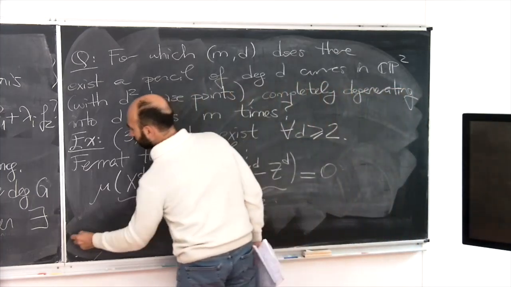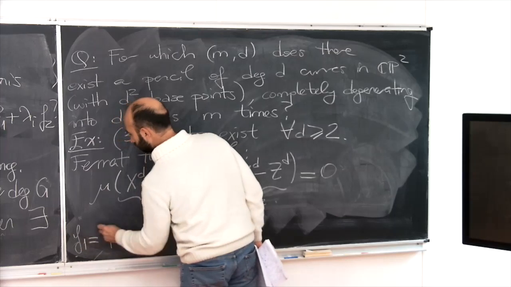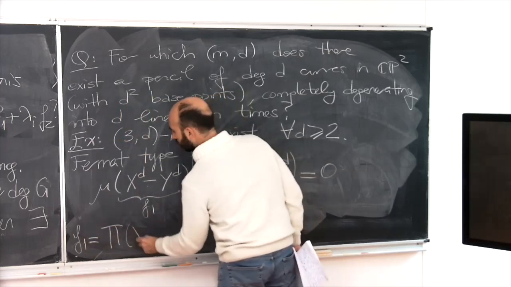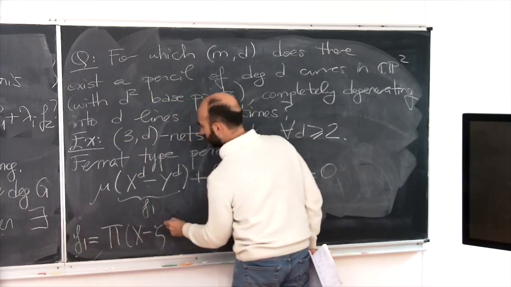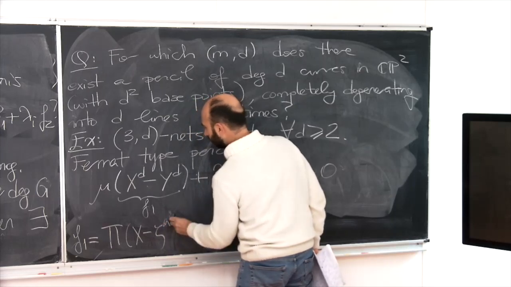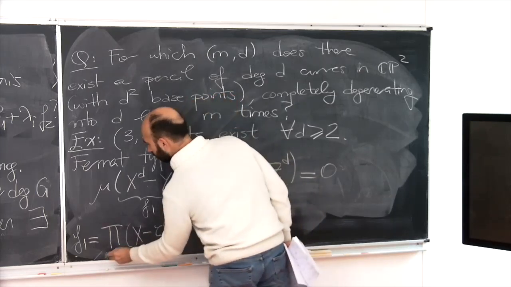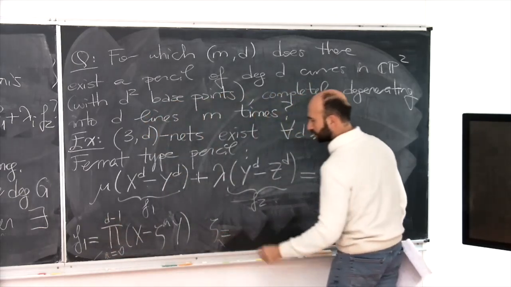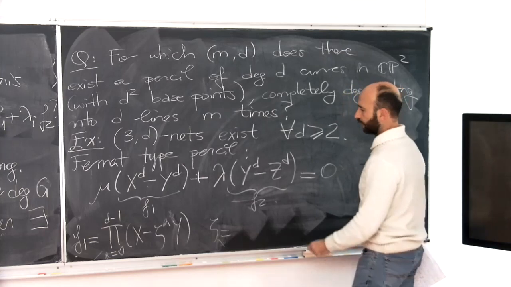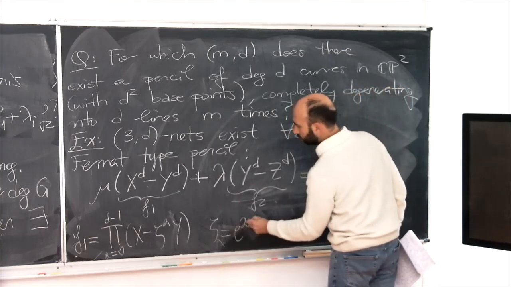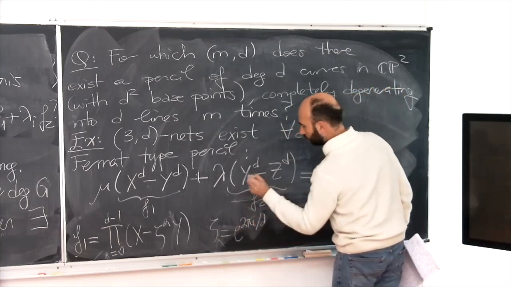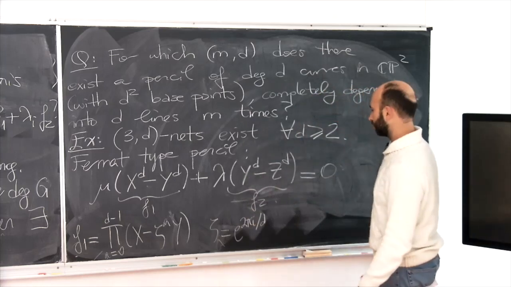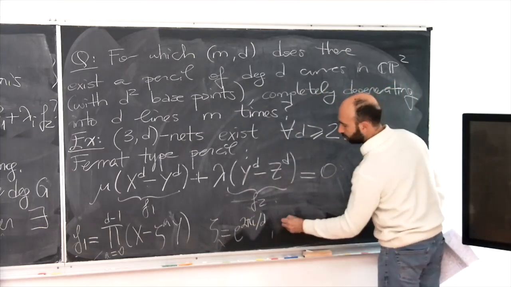So F1 is the product of x minus zeta to the a times y, where zeta is some primitive d-th root of unity. So I could choose it to be, for example, e to the 2 pi i over d. And likewise for F2, of course.